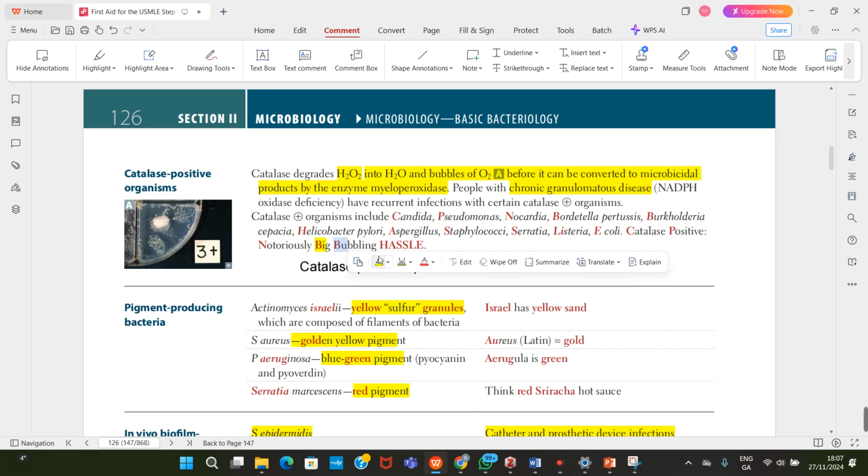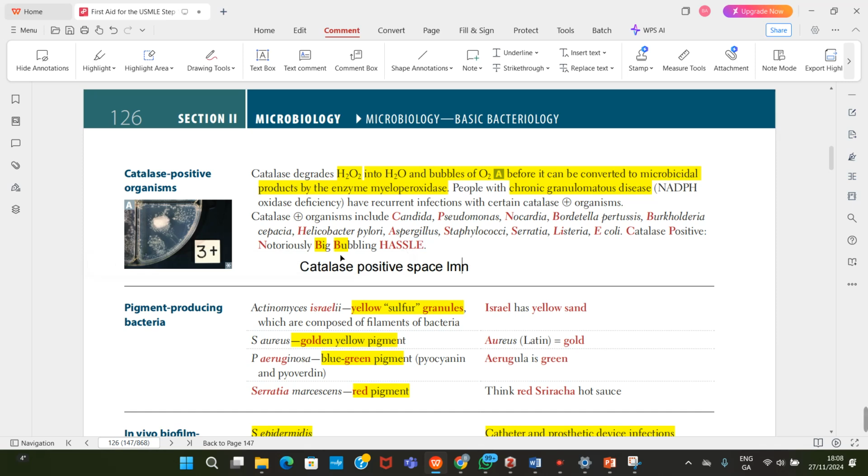Then the HASU: Helicobacter pylori, the A for Aspergillus, the S for Staph, the other S for Serratia, the L for Listeria, and E for E. coli. So if you know this HASU, you already pick 6 organisms.